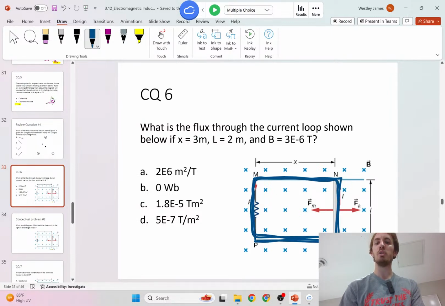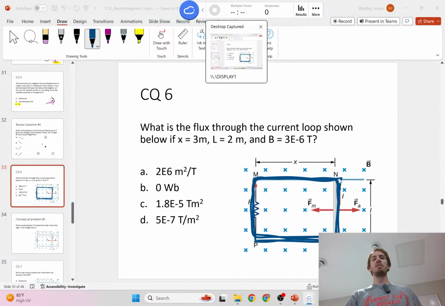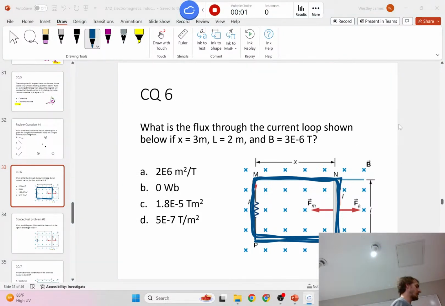This is a closed loop right here. What is the flux through that? It says X is 3 meters, L is 2 meters, and the magnetic field is 3 times 10 to the minus 6. What is my flux through this loop? So again, just remembering what is the equation for flux, calculating it.